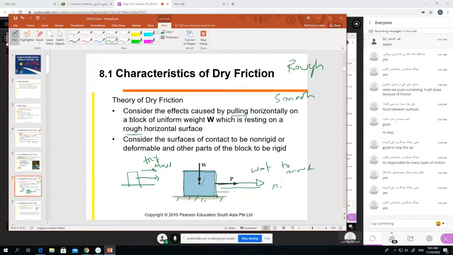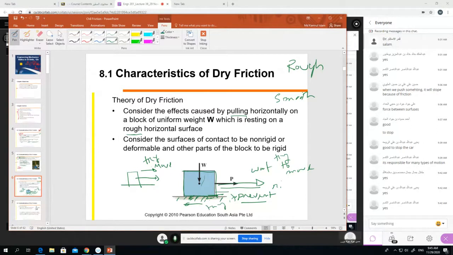But the friction of the surface will try to prevent you, acting in the opposite direction.